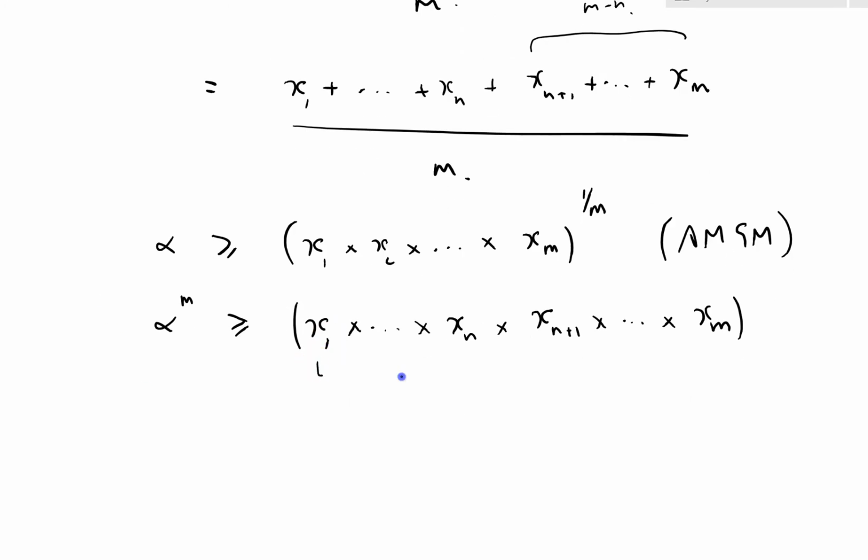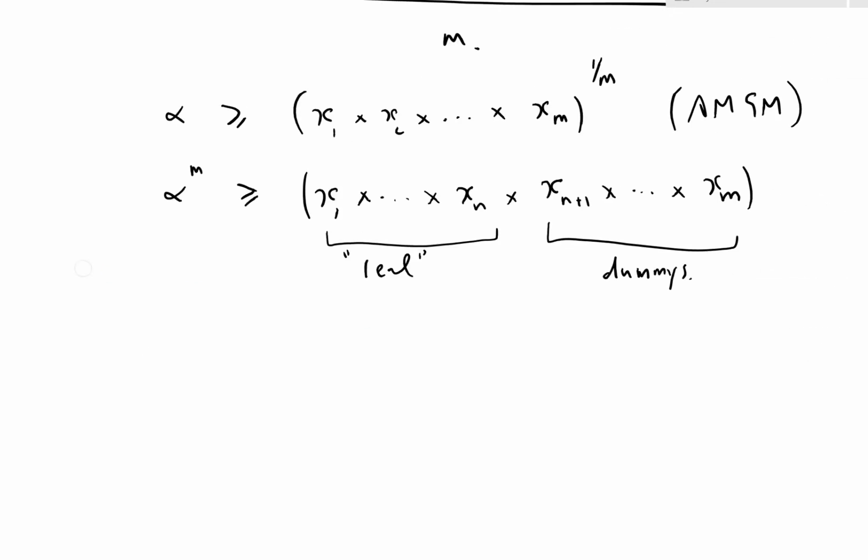So these are the ones we're interested in, and these are the dummies. So alpha to the m is greater than or equal to x1, x2, all the way through to xn, times alpha to the m minus n.